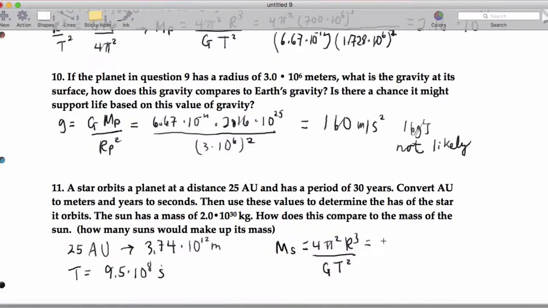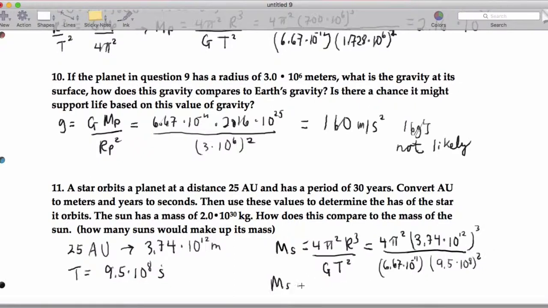That'll be 4 pi squared, 3.74 times 10 to the 12th cubed, over 6.67 times 10 to the negative 11th, and it's t squared, so 9.5 times 10 to the 8th, and we'll square that.